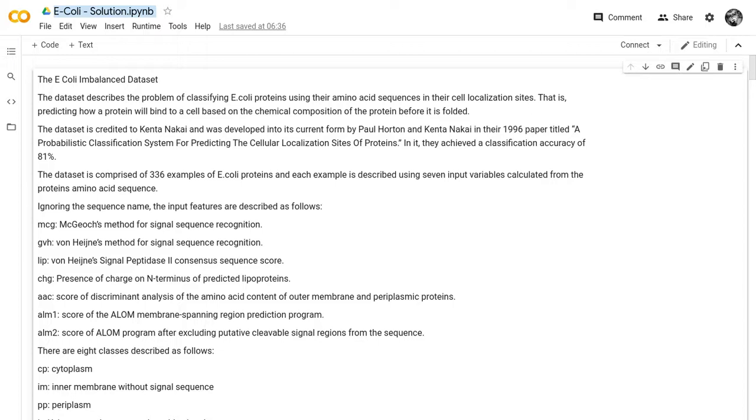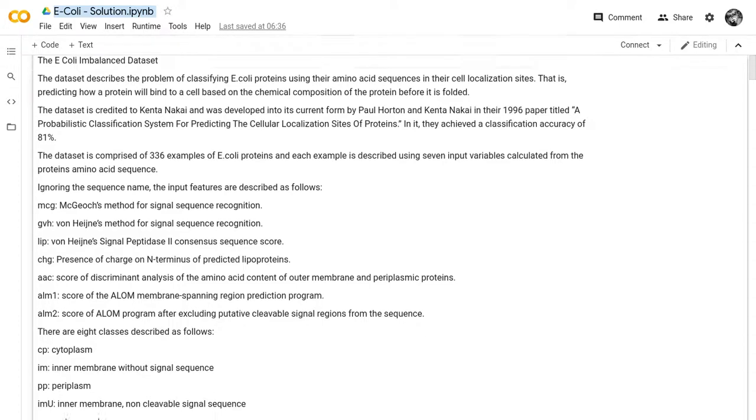The dataset was created by Kenta Nikai and was developed into its current form by Paul Horton and Kenta Nikai in their 1996 paper entitled A Probabilistic Classification System for Predicting the Cellular Localization Sites of Proteins. In it, they achieve a classification accuracy of 81%.